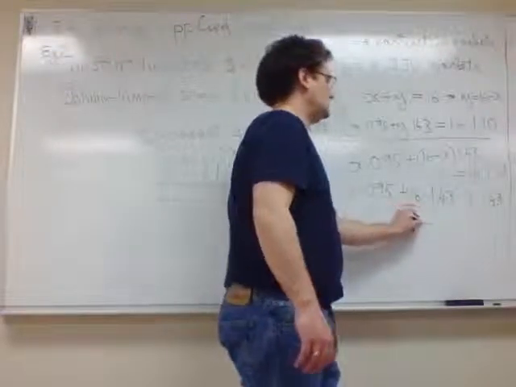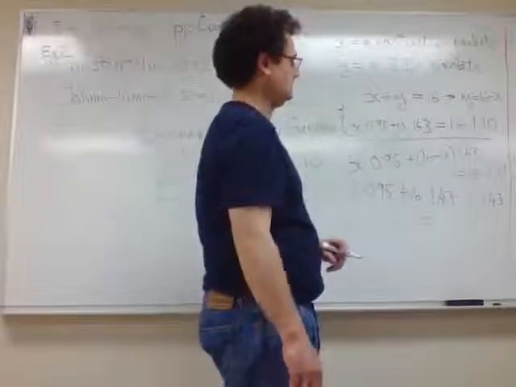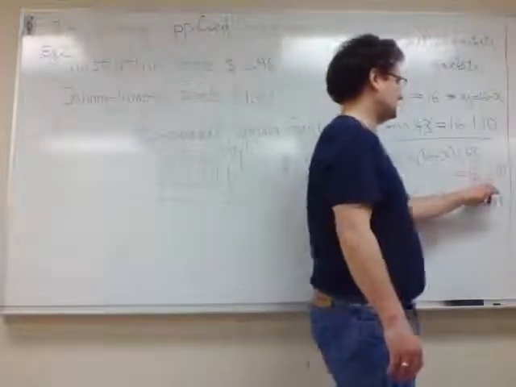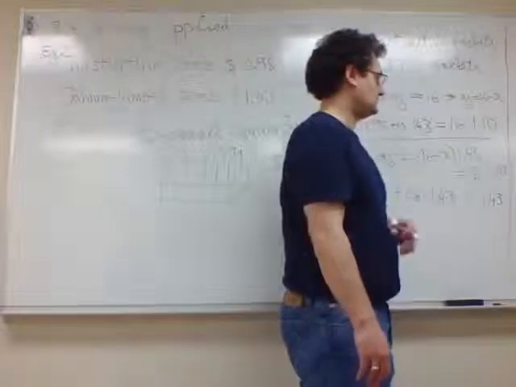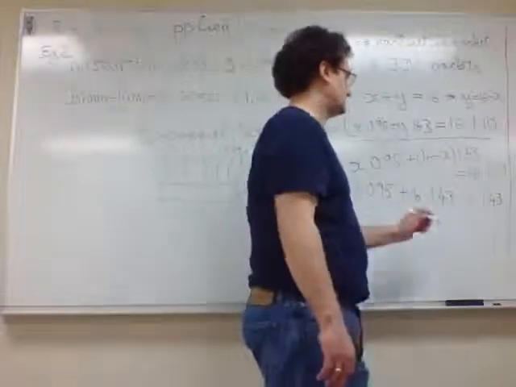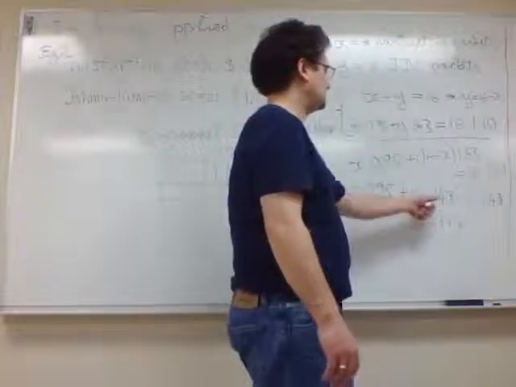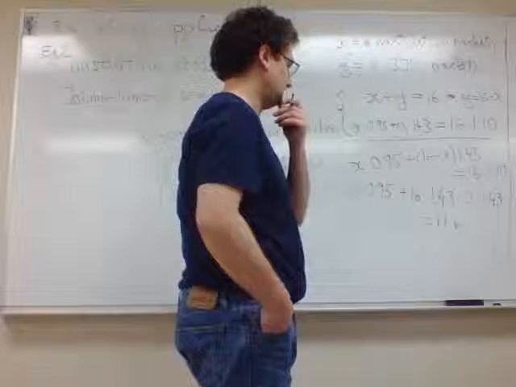That should be equal to 16 times 1.10, which is 16 times 1 is just 16, and 16 times 0.10 is 1.6, so this is 17.6. I could also compute this, but I don't have a calculator with me.